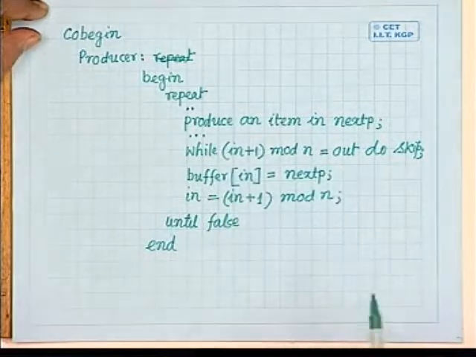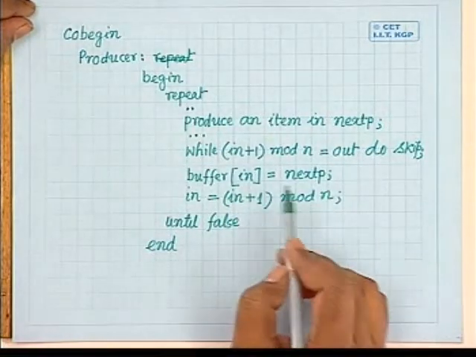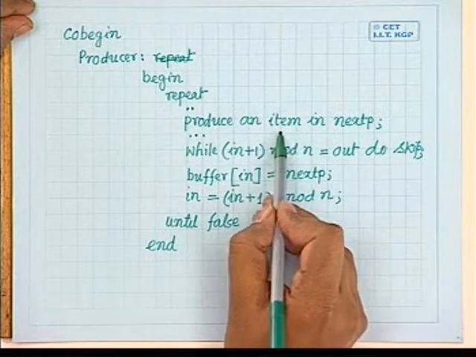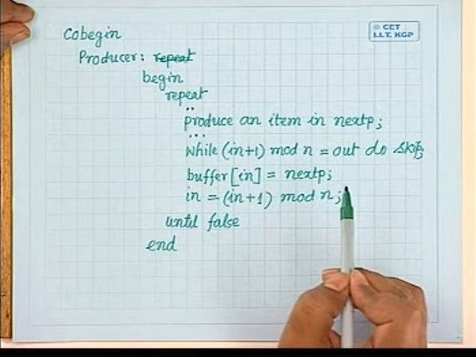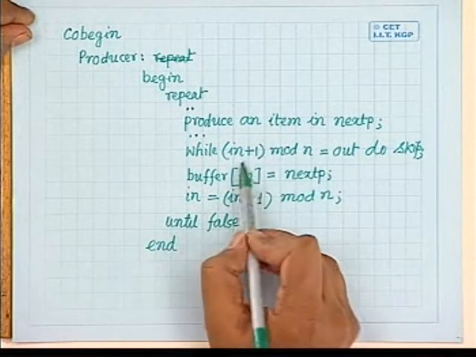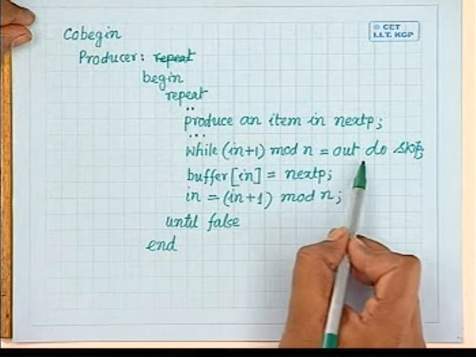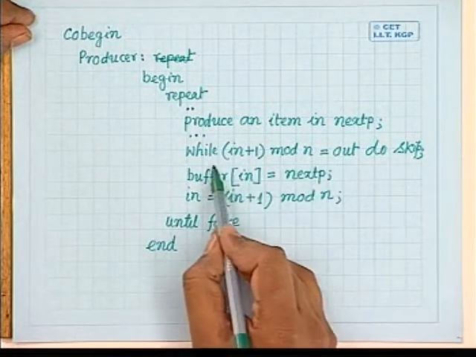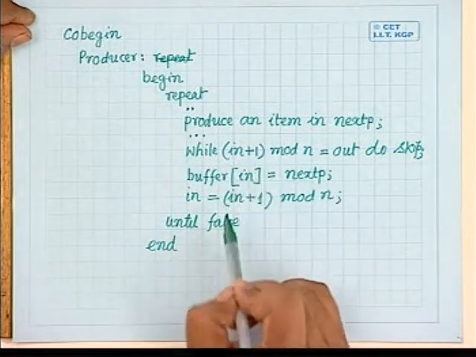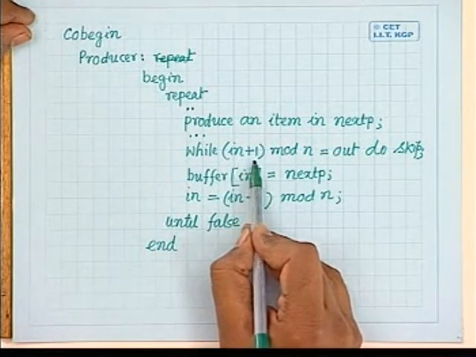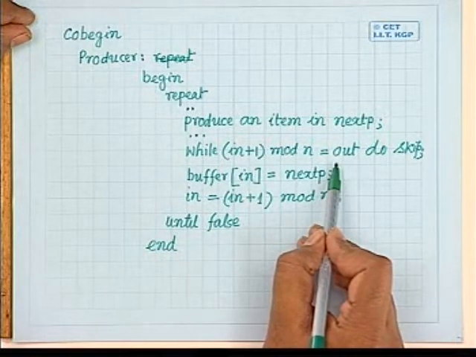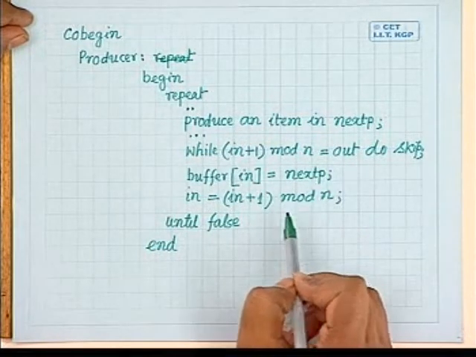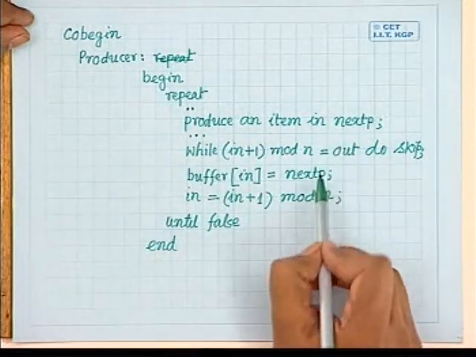So this will be the code of the producer process. The producer process produces an item, and as we said, the item is placed in variable next p. After that, the producer process will check whether there is any vacant space in the buffer or not. When the buffer is full, the condition will be in plus 1 mod n equal to out. So when this condition is true, that means there is no empty space in the buffer where this new item can be placed.